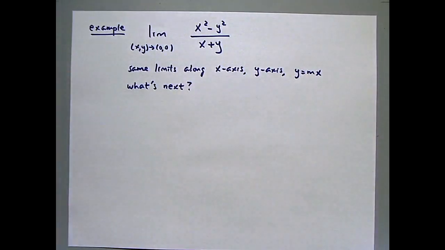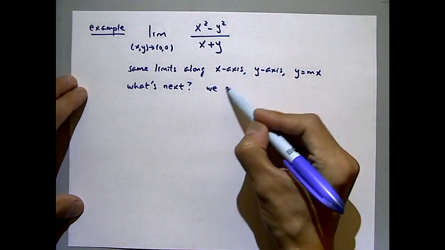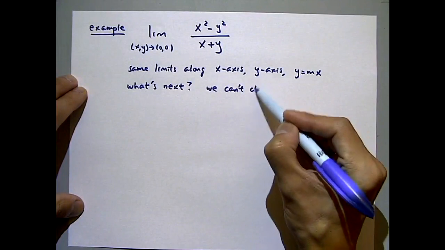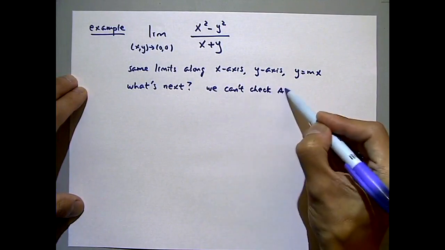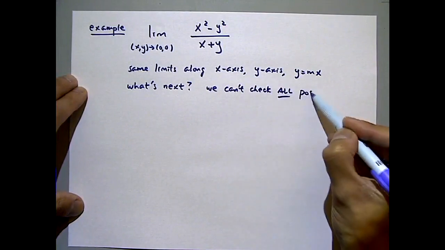And what's next? Next, you've got to check everything. Parabola, cubic, etc., right? Obviously, that's not something we can do. We can't check all possible paths.